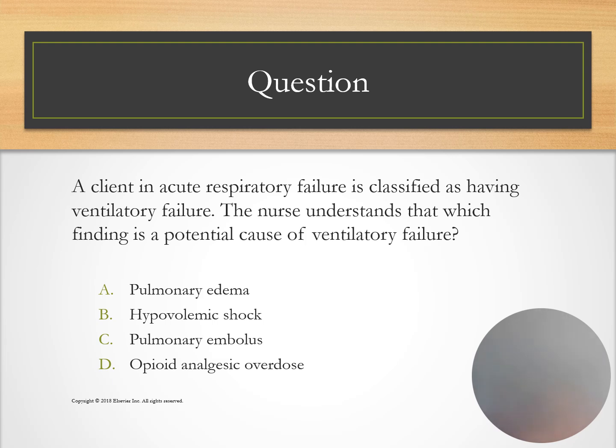As a result, too little oxygen reaches the alveoli and carbon dioxide is retained. If you think about it, opioid analgesic overdose is a respiratory depressant. The client has very little lung movement. It's depressed. So it is a very strong possibility or cause of ventilatory failure. The other choices listed are going to be related more to oxygenation failure.